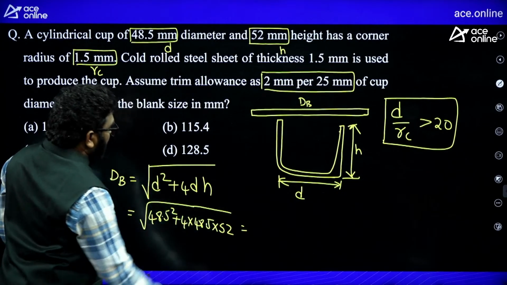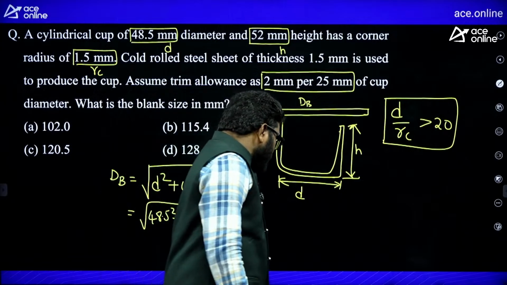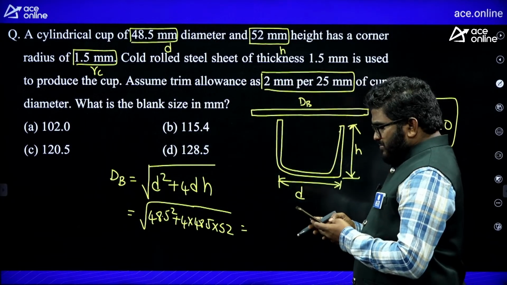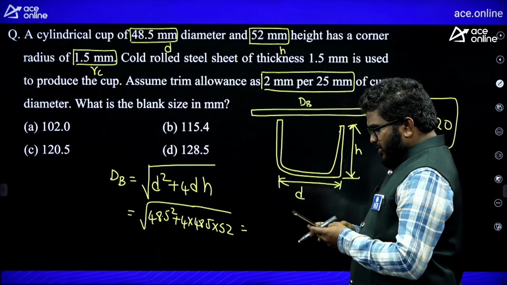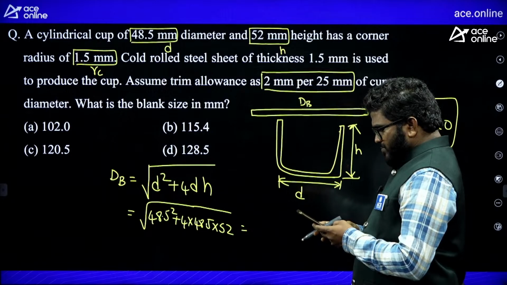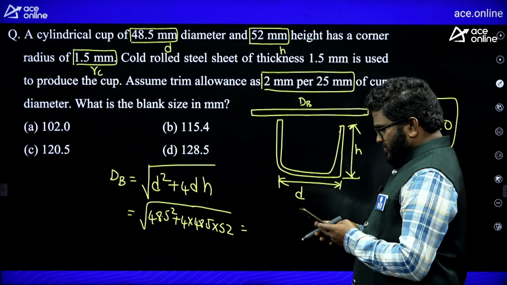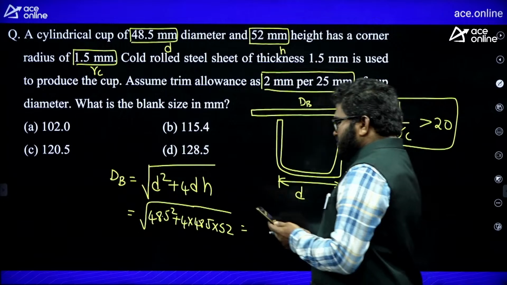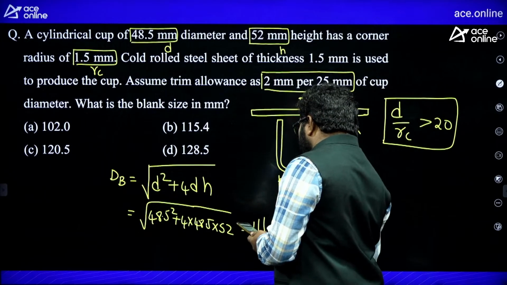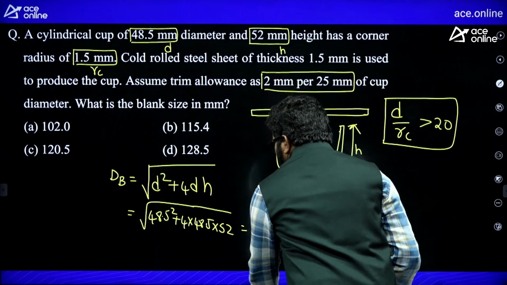So the blank diameter is the square root of 48.5 squared plus 4 into 48.5 into 52, that is 111.53 mm. But it is not the correct answer.